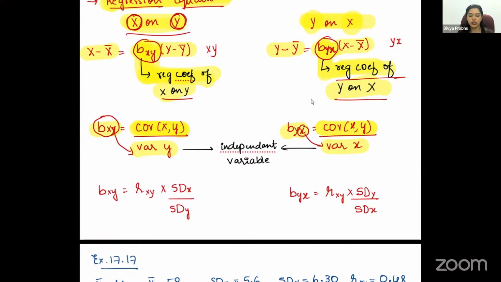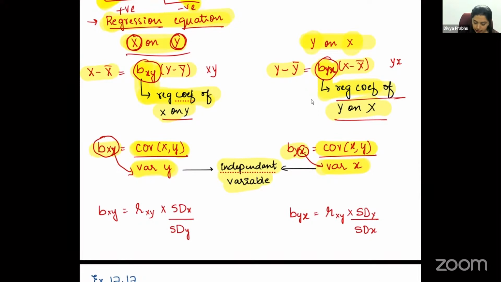Even if you get confused in this, one more thing you can remember logically is the denominators will always have the independent variable. Okay. So now, in the equation of x on y, which is independent, which is dependent? The x is dependent, y is independent, correct? So which is why we have y in the denominator.